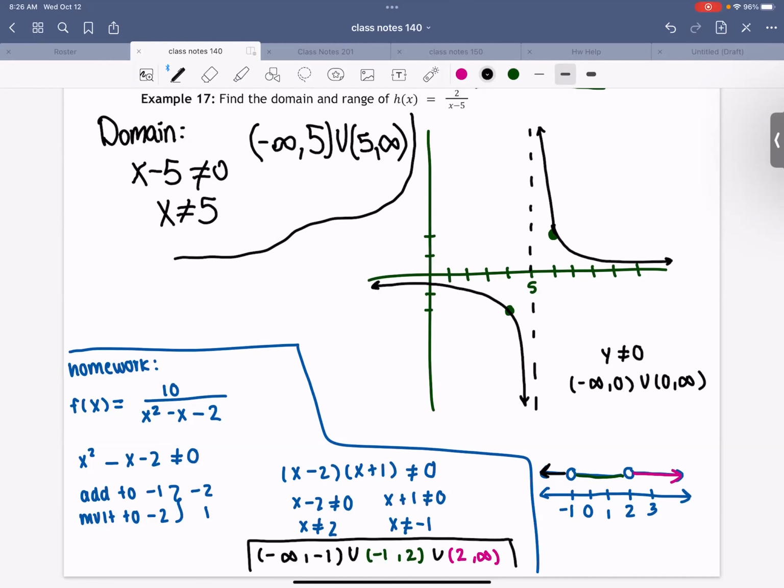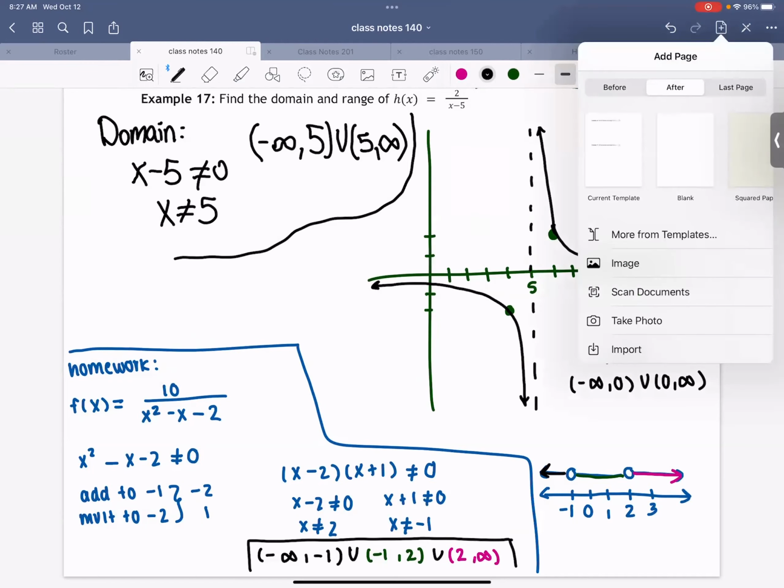All right, hang tight, everyone on Zoom. I'm just going to add an extra page here.